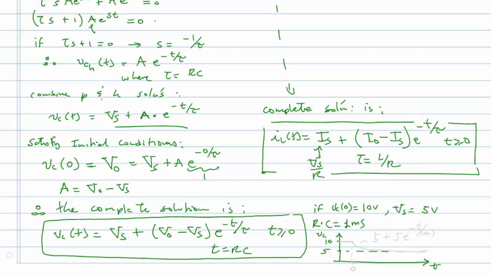Here's 5. And I'll start the time here at 0. At time 0, it would exponentially go down and asymptotically approach 5 volts.